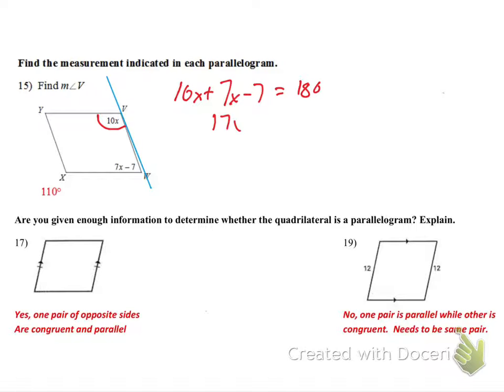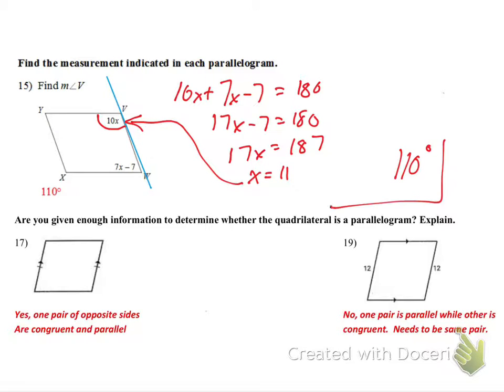Combine like terms, I get 17x minus 7 is equal to 180. 17x is then going to be equal to 187. So 187 divided by 17 is going to be equal to 11. So x is equal to 11, but then I need to plug it back in for angle V. So 10 times 11 is going to be 110. So measure V is equal to 110.